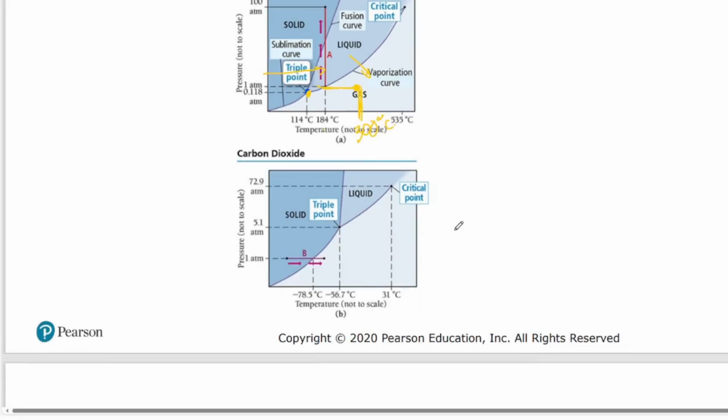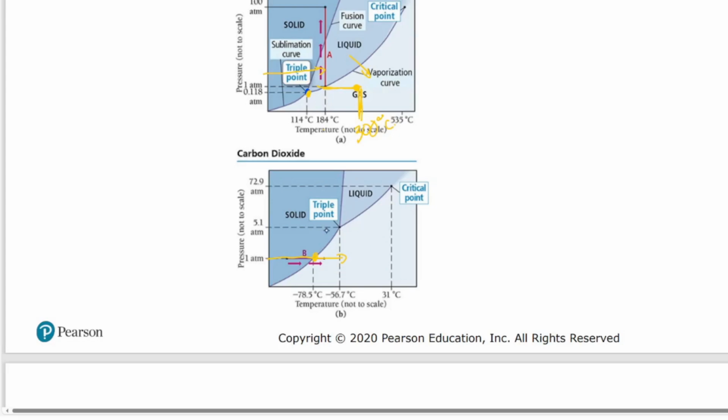Similarly, for carbon dioxide, you can see you can go from a solid directly to a gas at atmospheric pressure. So this is why carbon dioxide sublimes at atmospheric pressure. It goes straight from the solid phase to the gas phase.